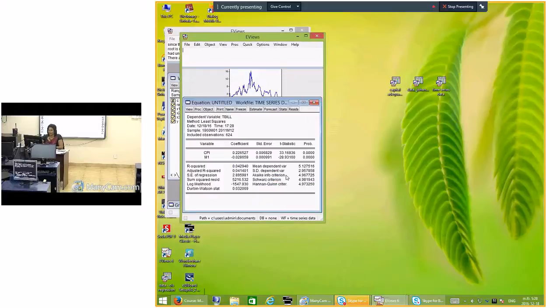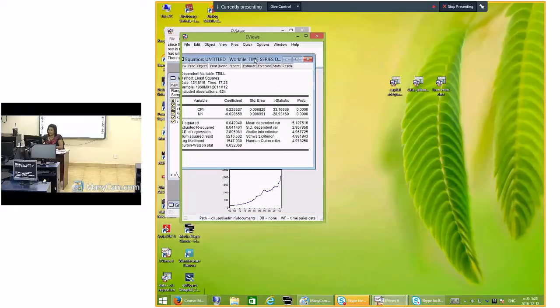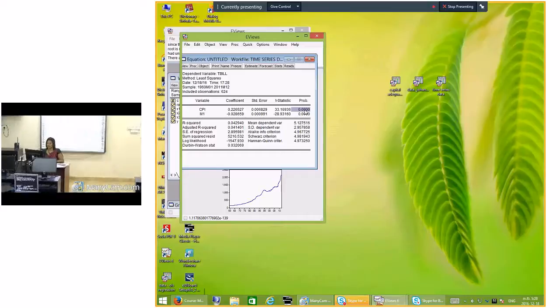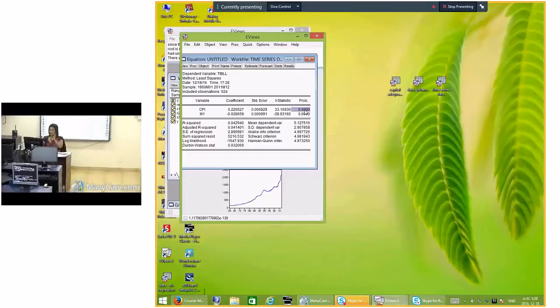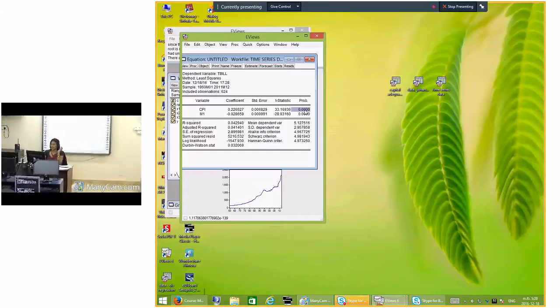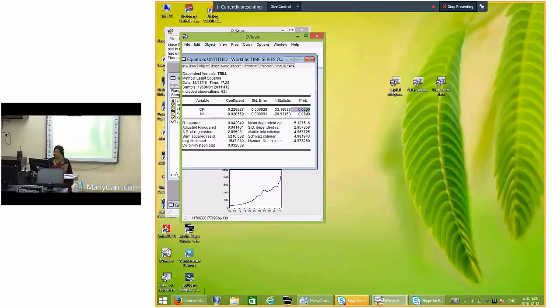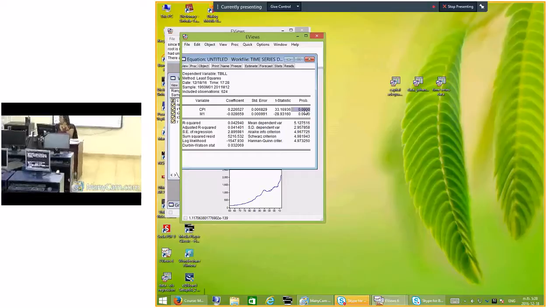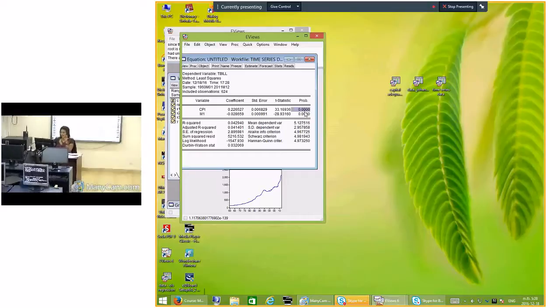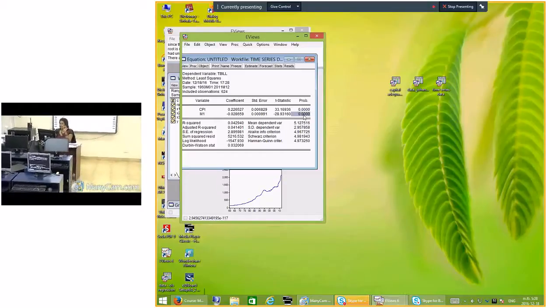Now you can see that if we analyze the data, the CPI, right, inflation and treasury bills, it is a highly significant variable, and the money supply and the treasury bill is also a highly significant variable.